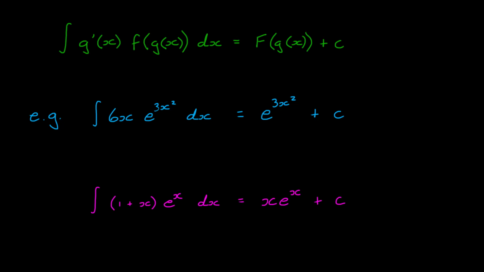Some functions may look more difficult to integrate, but sometimes we can recognize them simply as the result of using more complex rules like the product or quotient rules. So for example, the indefinite integral of 1 plus x times e to the x is recognized as the derivative of xe to the x, because the product rule gives us two terms, one where we have differentiated x to get 1 times e to the power of x, and where we've differentiated e to the x to get x times e to the power of x.